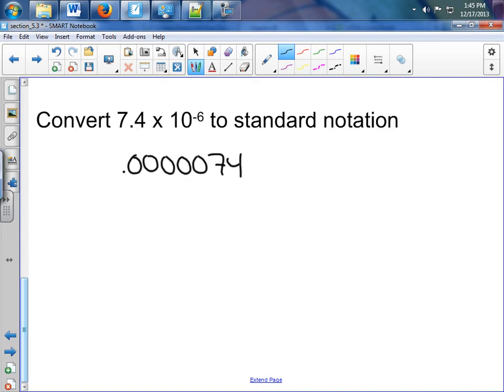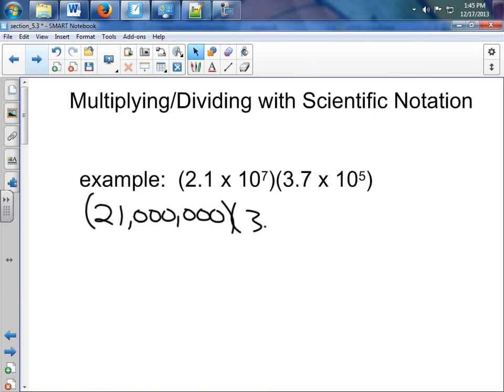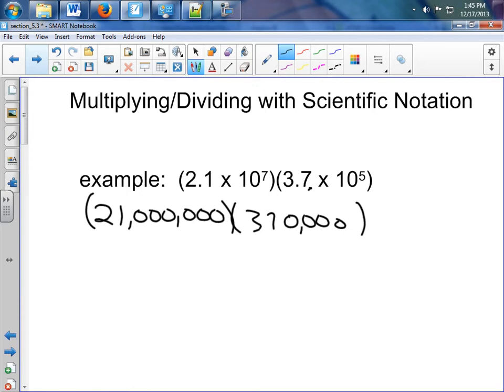Now, this is the power of scientific notation. If we did not do scientific notation, I would have to take, I don't know, who has a nice TI-83 in here? Let's see, I need 4 zeros. Go ahead and multiply those together on your calculator and see what you get.